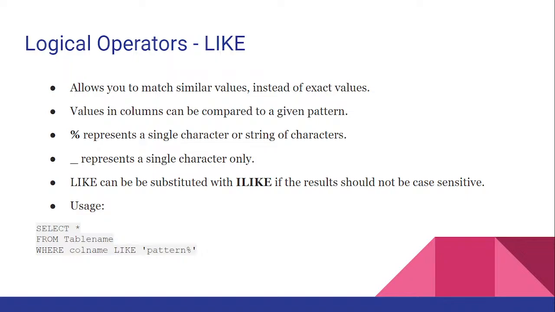Now, in which scale can March and April be compared together? Maybe they'll be compared by how the alphabets occur. So it'll say that March, the letter M, occurs after, and in April, the letter A occurs before. So it'll say that April is lesser than March. But that is not the real world relation or the logical relation you require here. You essentially want April to be ranked higher than March, right?